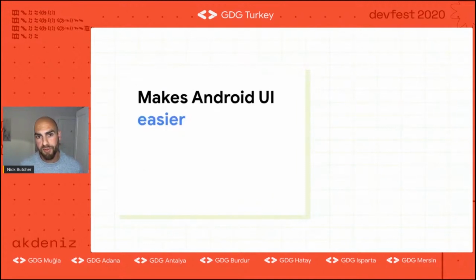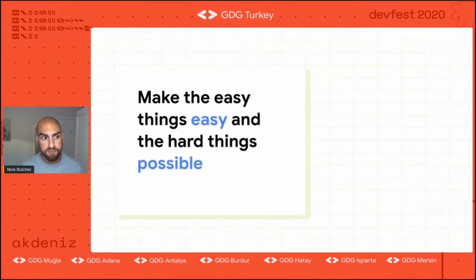But for me, one of the most exciting things about Compose is that it makes building Android UIs easier. I love building Android UI, but I won't lie and say to you that it's the easiest thing in the world. And Jetpack Compose is really an opportunity to make this much, much easier for you.